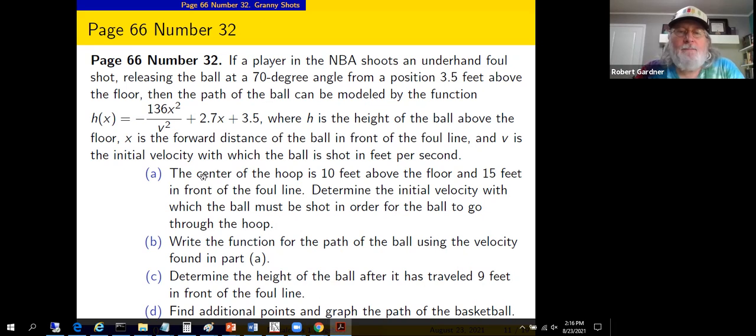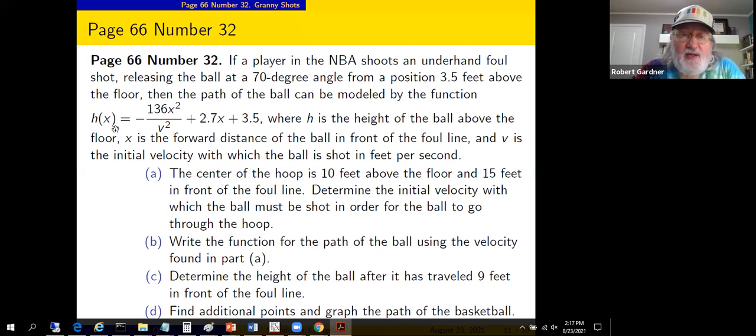They want the ball to pass through the hoop, which is 10 feet above the floor, that's a height, and 15 feet in front of the foul line, that's an x value. It says x is the forward distance of the ball in front of the foul line. So they've used intentionally that wording in stating this. So what they want is when x is 15, the height is 10.